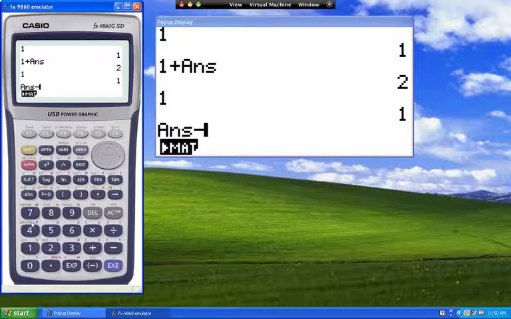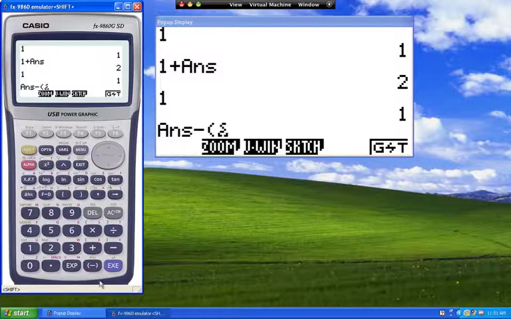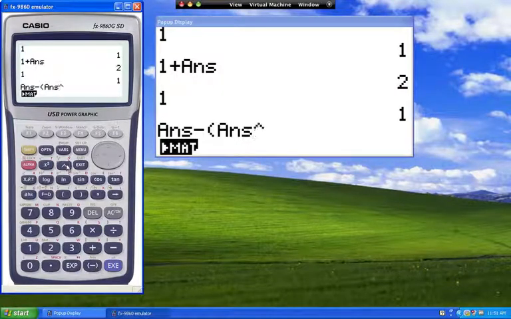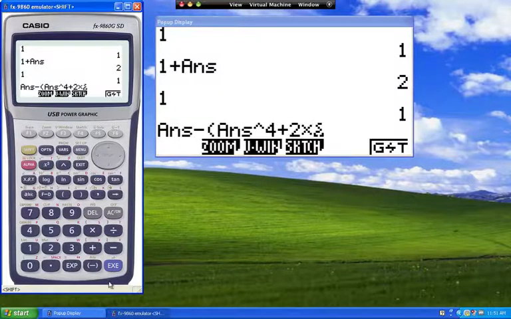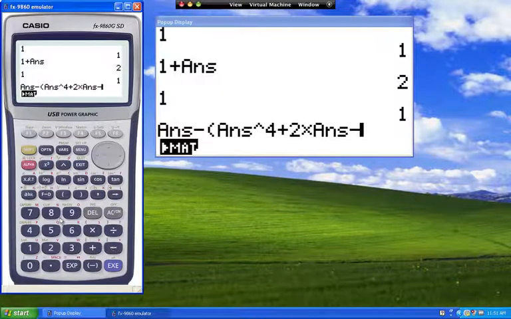So we put a bracket. And then we go shift answer to the power of 4 plus 2 times answer minus 8 bracket. That's the top line of our fraction done.